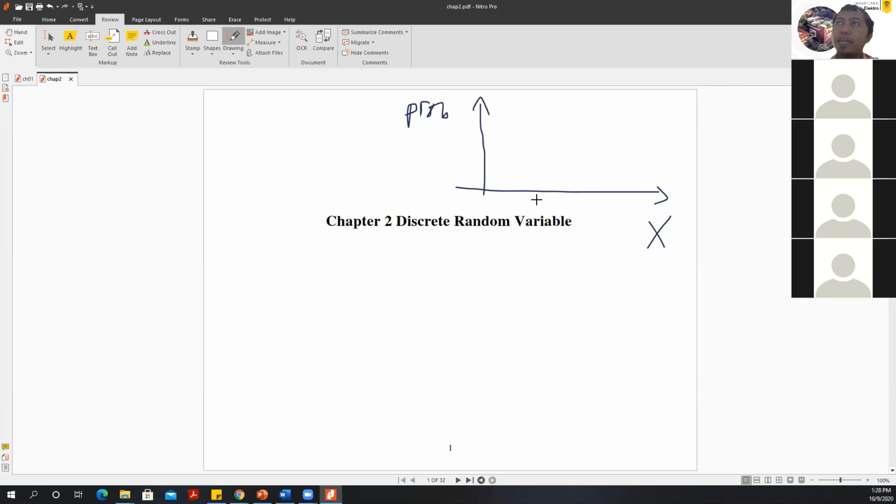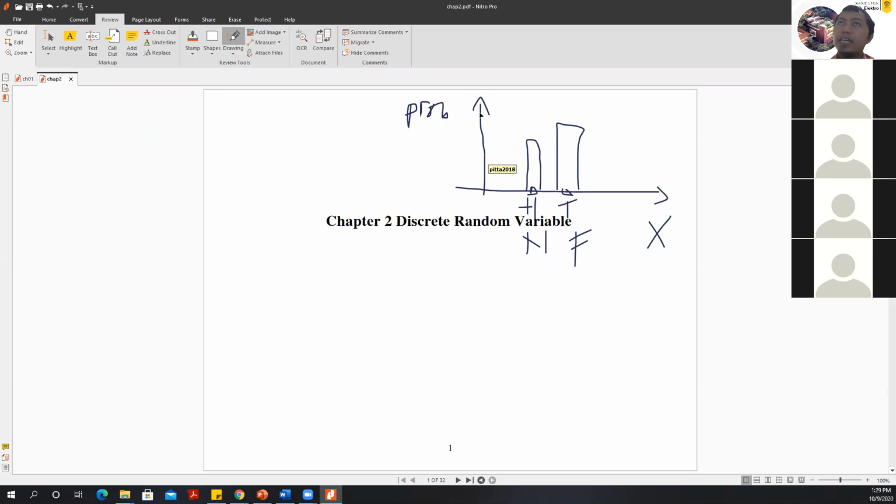So the sample space has only 2 elements. And the outcome, or the element, is either head or tail, number or figure.